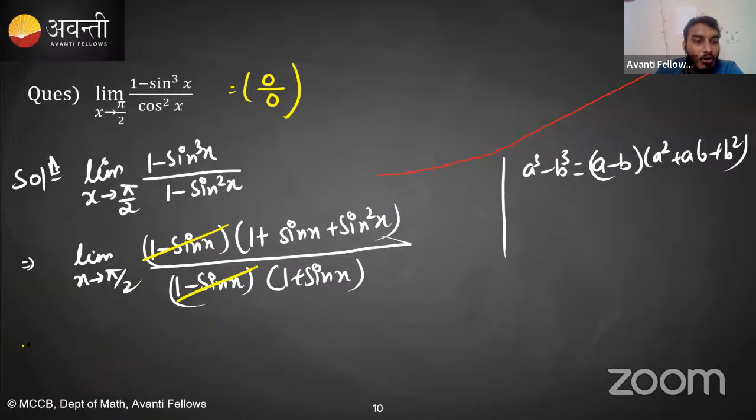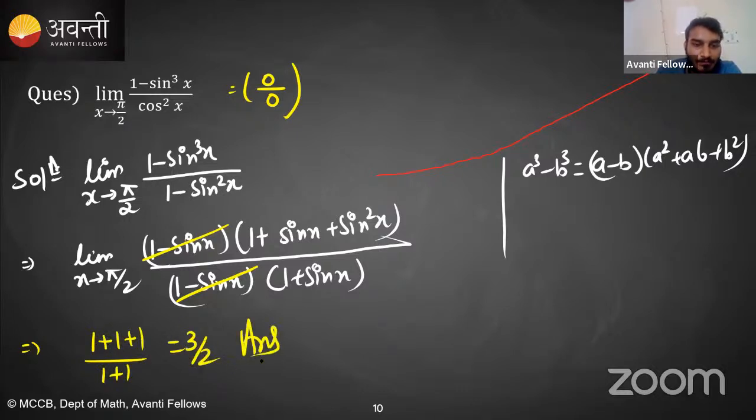So now it is no longer in the indeterminate form. In the numerator and denominator no 0 is appearing. So now directly put x is equal to pi by 2. The quantity that was making our function indeterminate, we have got rid of it, 1 minus sin x. So now put x as pi by 2. So directly you will tell the answer is (1 plus 1 plus 1) upon (1 plus 1), which is 3 by 2.